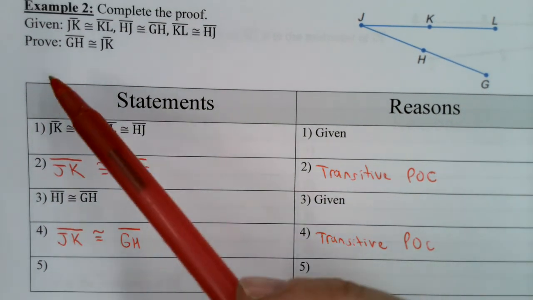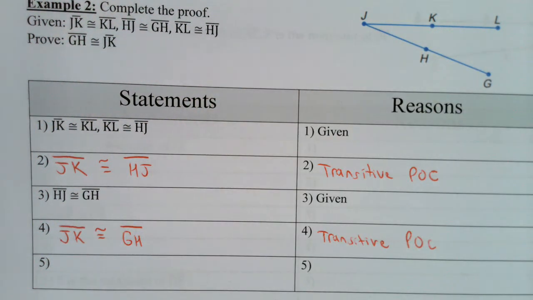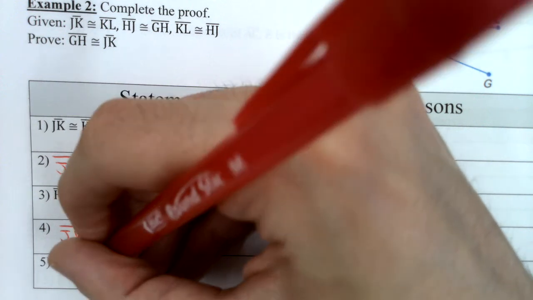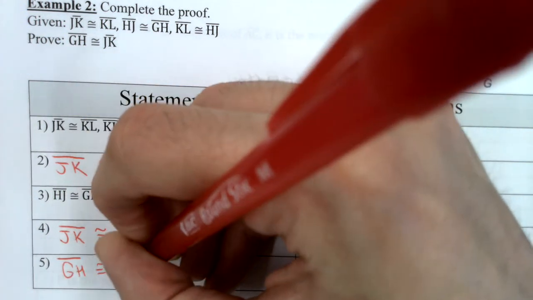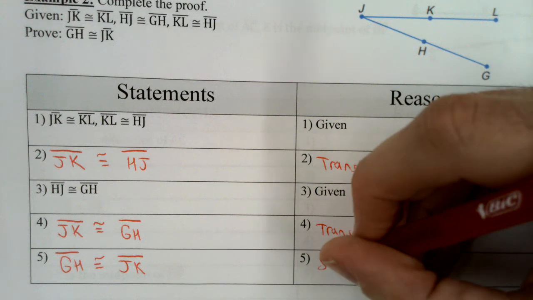And look what we had to prove. We had to prove that GH equals JK. I can get there now, because if you look at step 4, I can get to step 5. I can say GH is congruent to JK because of the symmetric property of congruence.